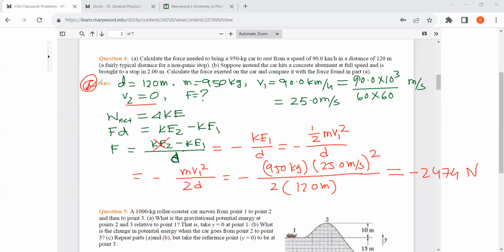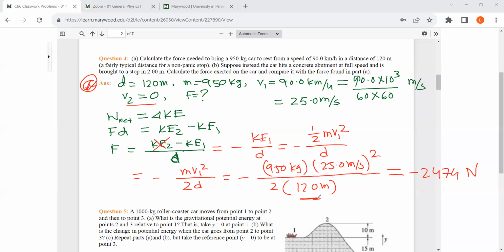When the car stops in 120 meters, we see that the force is about 2500 Newton. Now instead of 120 meters, if it is just 2 meters, what will be the force?